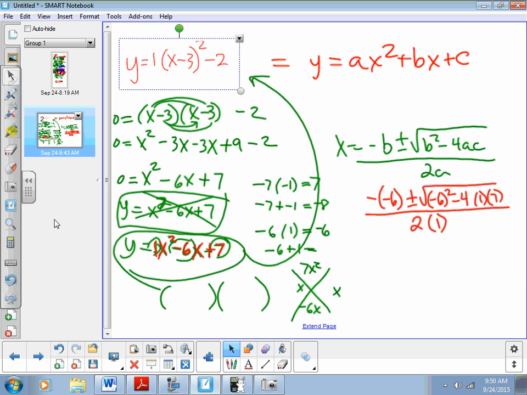I could have tried negative 7 times positive 1. That gives me a negative 7. I don't want a negative 7, I want a positive 7. Because negative 7 plus positive 1 gives me the negative 6 that I'm looking for. It's almost there, but I can't use that.